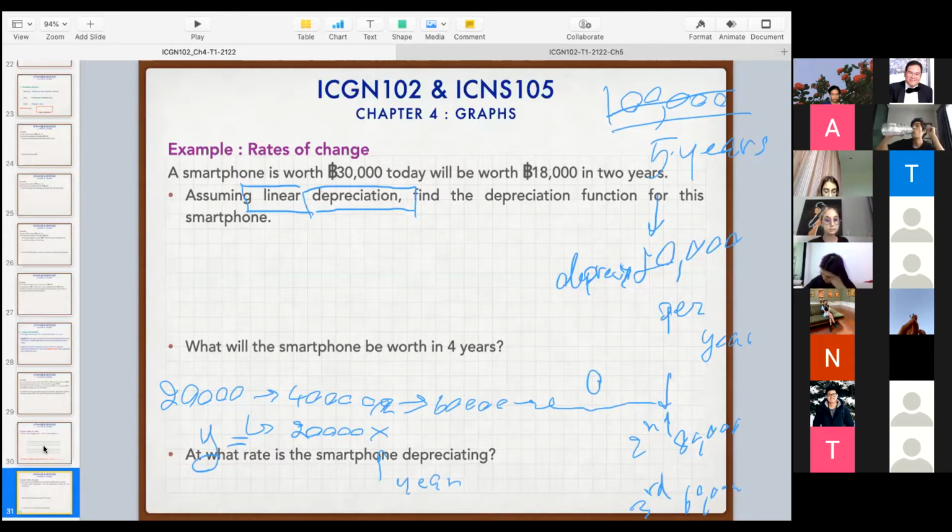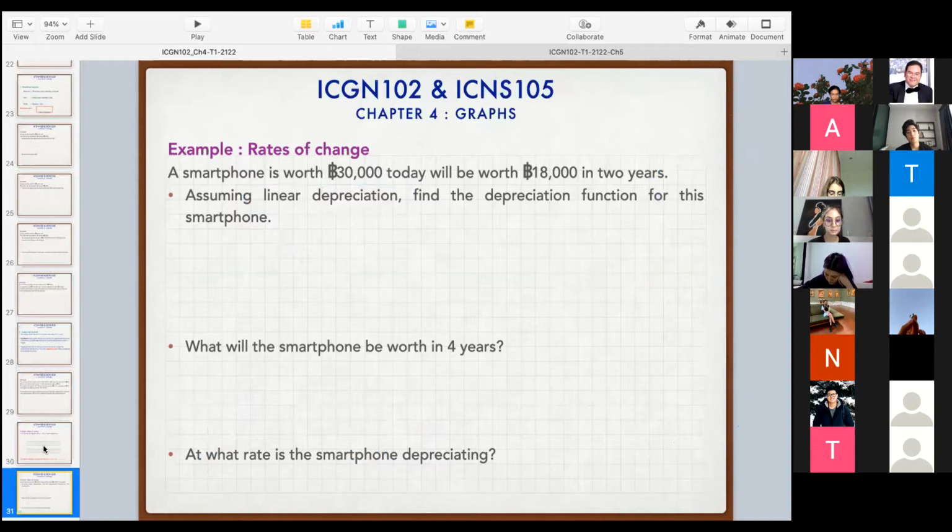The depreciation equals 20,000x, so if you do 5 years the depreciation will be 100,000 baht. The exponent of x here is just x to the power of 1 only, that's why this is a linear function, and that's why we call it linear depreciation.